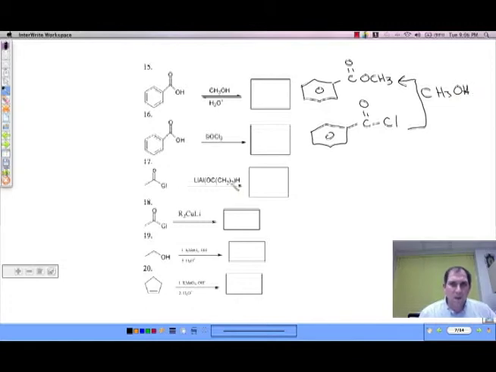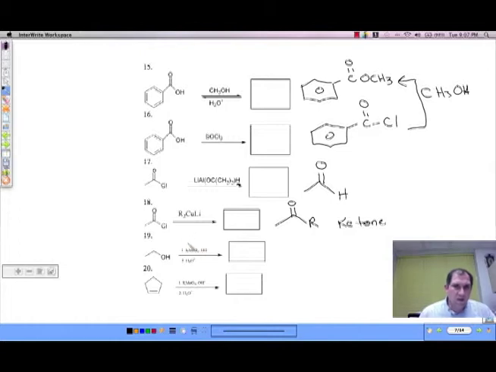This is a large, bulky reducing agent. Notice it only has one hydrogen available, but what you get is the conversion from acid chloride to aldehyde. In the same respect, in the next one here, you can take an acid chloride and get to the ketone instead.